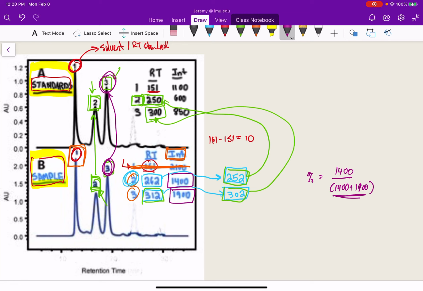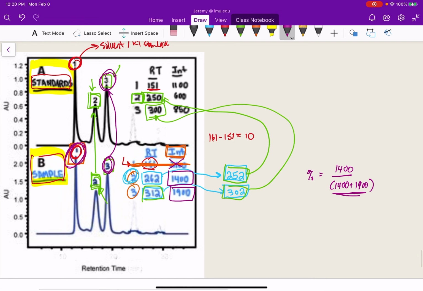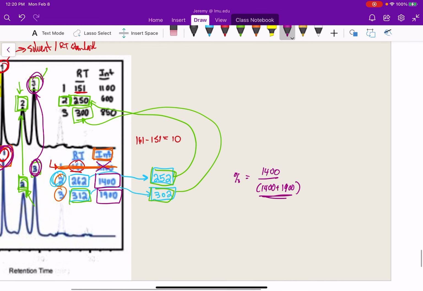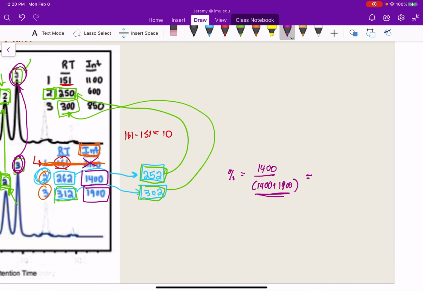It's just important to note we're not going to be using the area of that peak 1, that pentane standard. So if you calculate this, 1400 divided by 3300 comes out to about 42.4%. Okay, 42.4%.